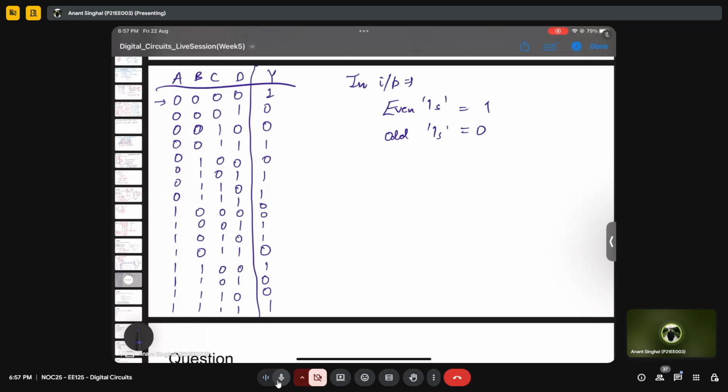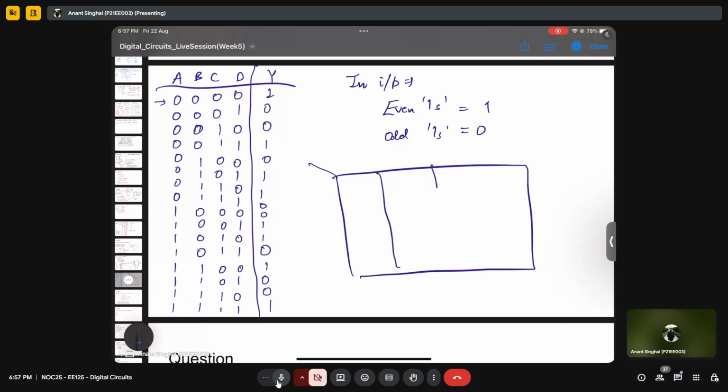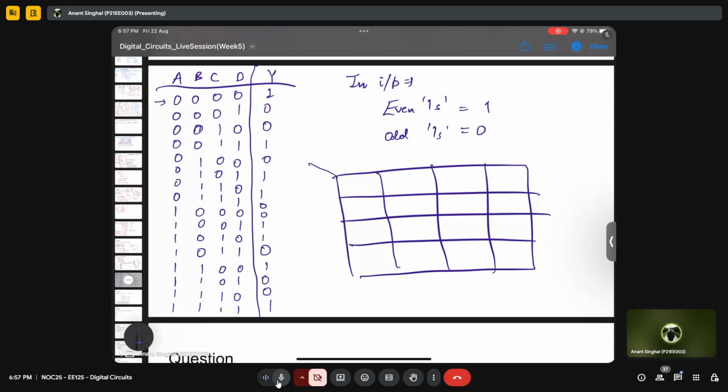So what we can do now, we can make the K-map, right? We need to solve for C and D. Here A, B are the select lines. So let me write like that only: A bar B bar, A bar B, it's wrong, A B bar. Sorry, this is a K-map. So A, B will come first. Similarly, this will be C bar D bar, C bar D, C D, and C D bar.